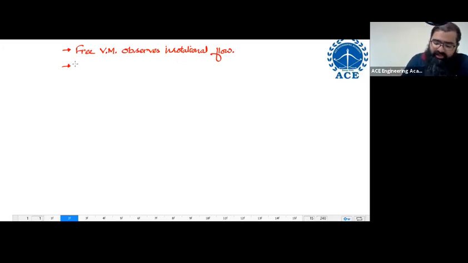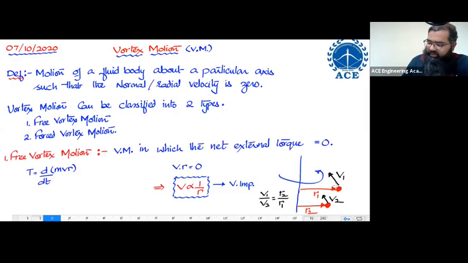That means Bernoulli equation is valid across any 2 points. Let us say point 1 and point 2 may or may not be lying on the same streamline, but still I can apply Bernoulli equation between these 2 points.